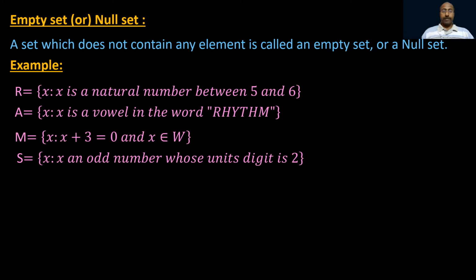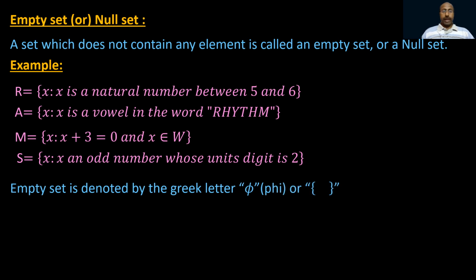So here we have odd numbers whose units digit is 2. That is impossible, so the set S is an empty set, because there are no elements satisfying this condition.